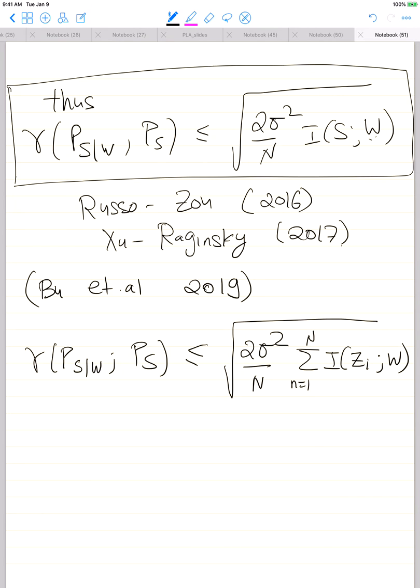You can show that this quantity in general is going to be smaller than when S is IID.